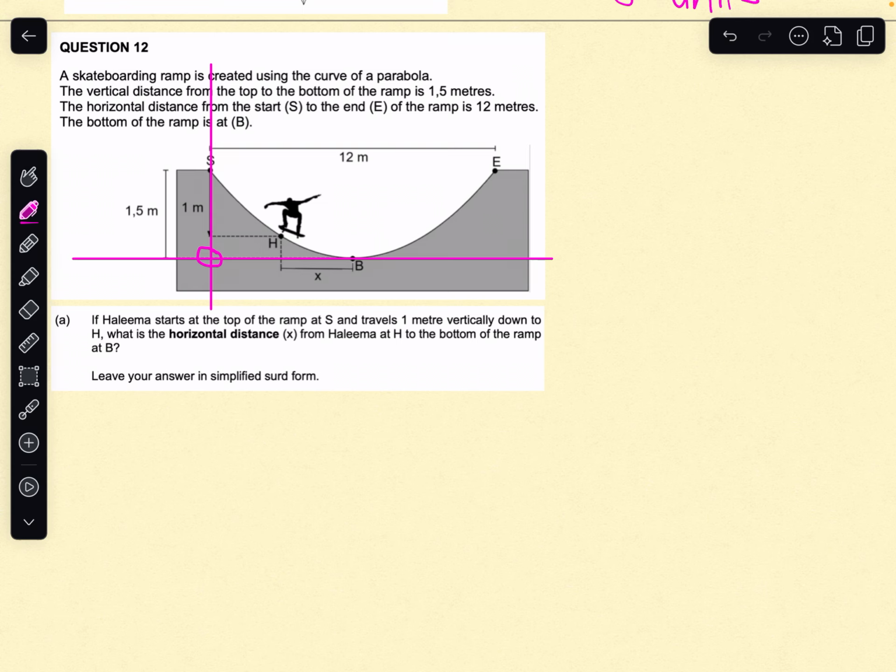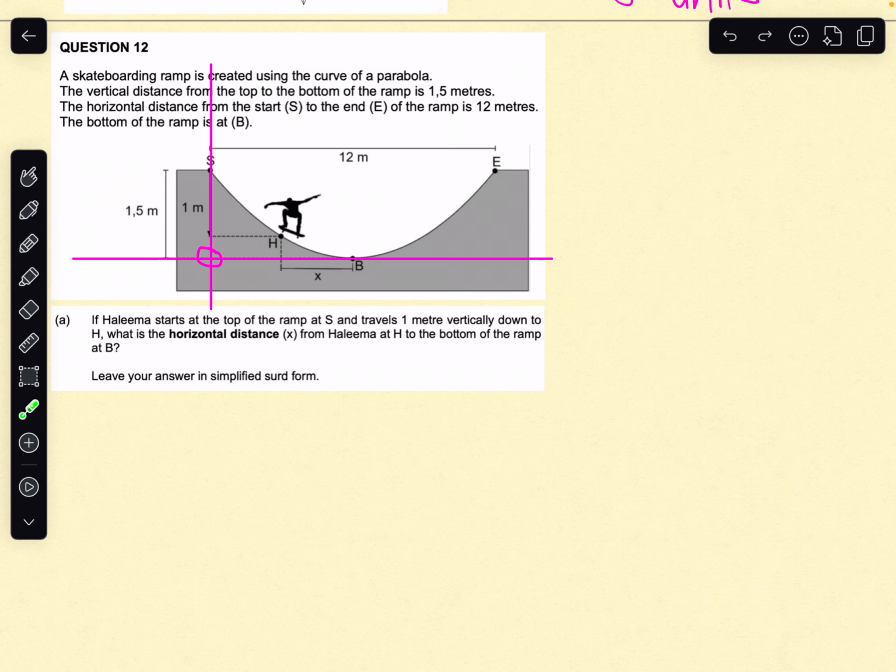So what we know is that the coordinates of S are 0 and 1. No, we don't know that. We just know that the vertical distance between S and H is 1 meter, and we don't know how much further down B is from there.